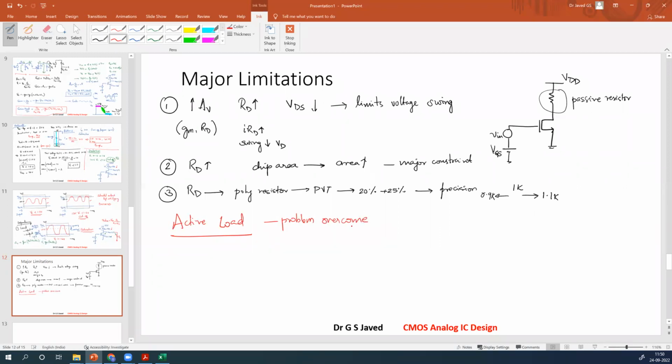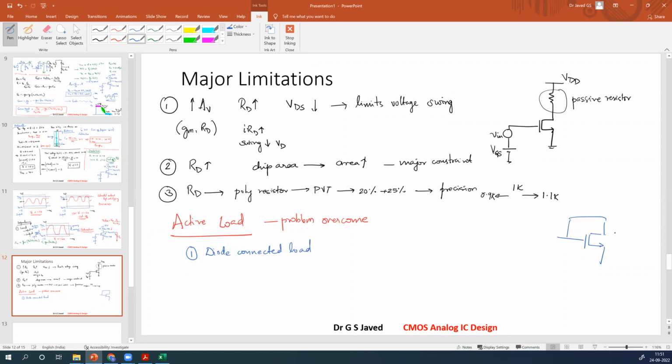Now, what are the active loads? There are two kinds of active loads we have seen. First one is, take this transistor. If you connect the gate and drain, this becomes diode connected. So this is called a diode connected load. What happens with a diode connected load?